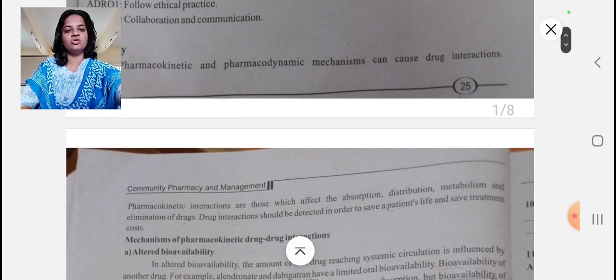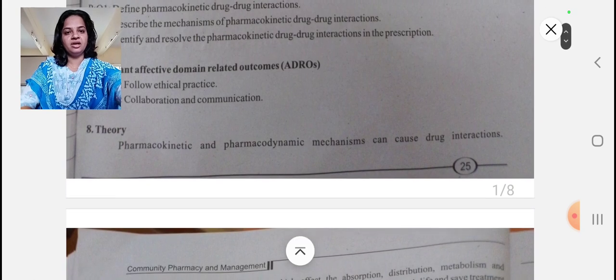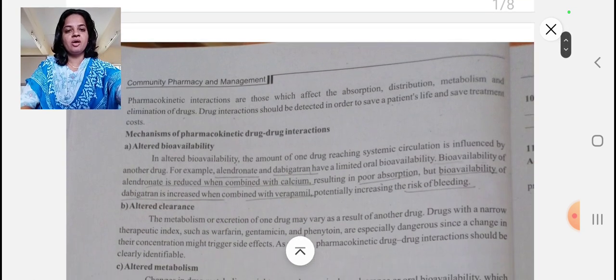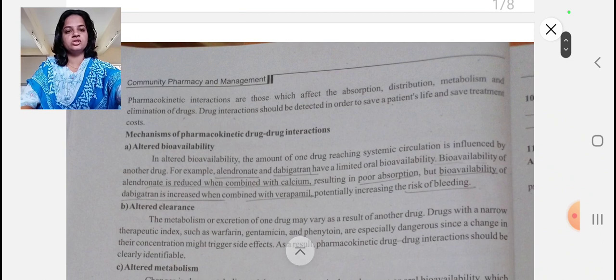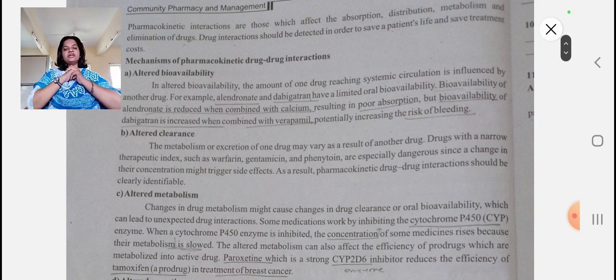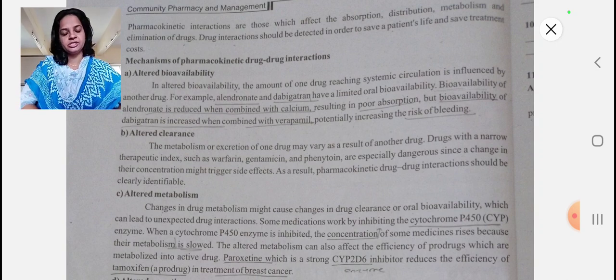These are the pharmacokinetic and pharmacodynamic mechanisms of drug interactions. Pharmacokinetic interactions are those which affect the absorption, distribution, metabolism and excretion of the drug. As a pharmacist, you should identify these drug interactions.